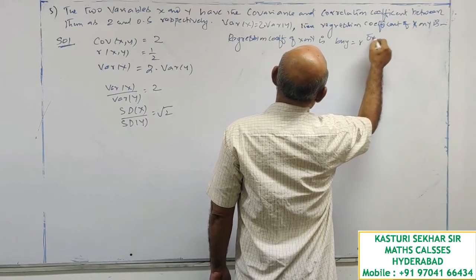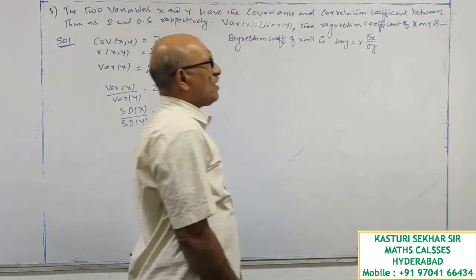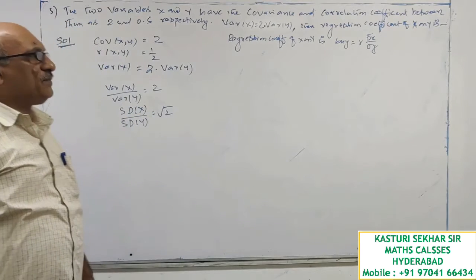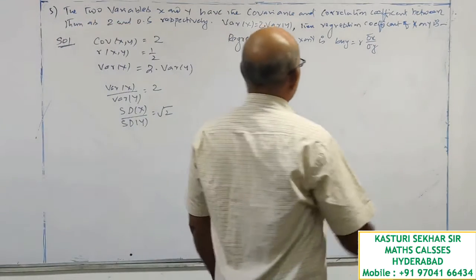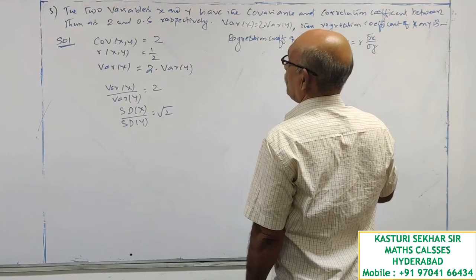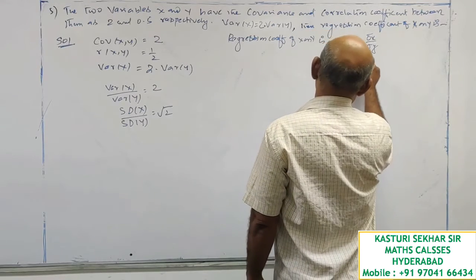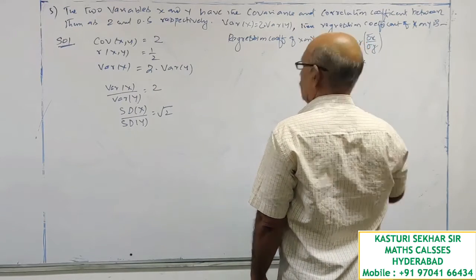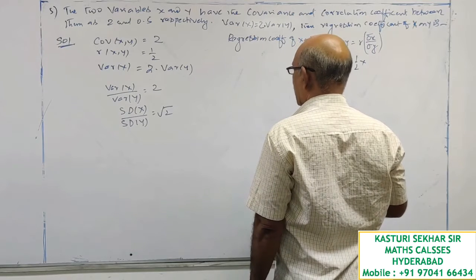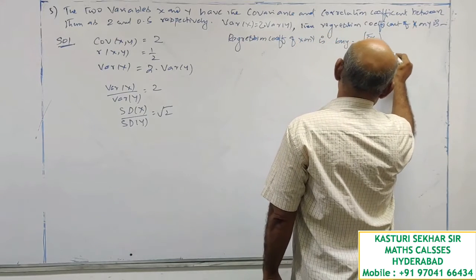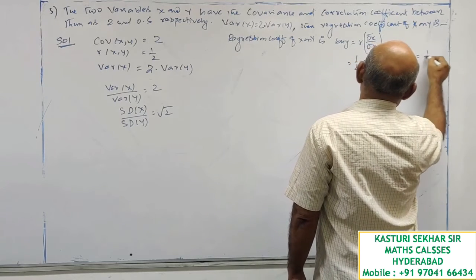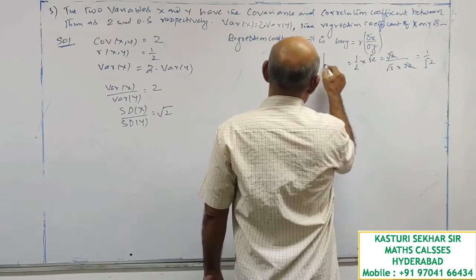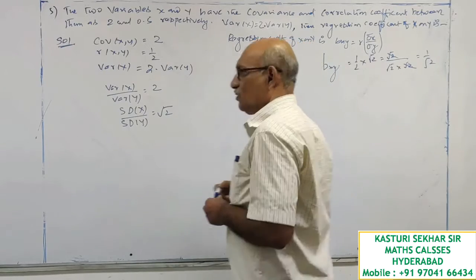This is r into standard deviation of x by standard deviation of y. r is equal to 1 by 2, given. The ratio of standard deviation of x by standard deviation of y is root 2. So this is root 2 divided by 2, which is 1 by root 2. Bxy is equal to 1 by root 2.